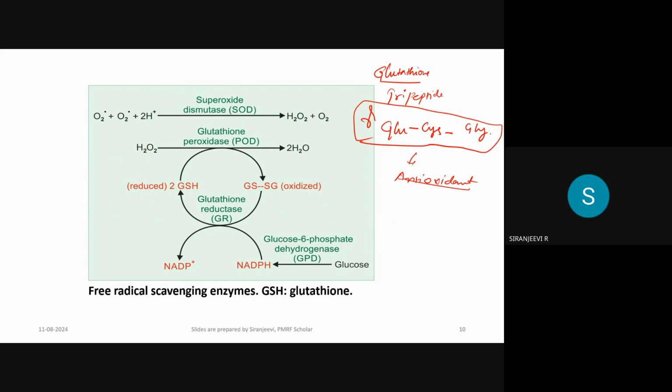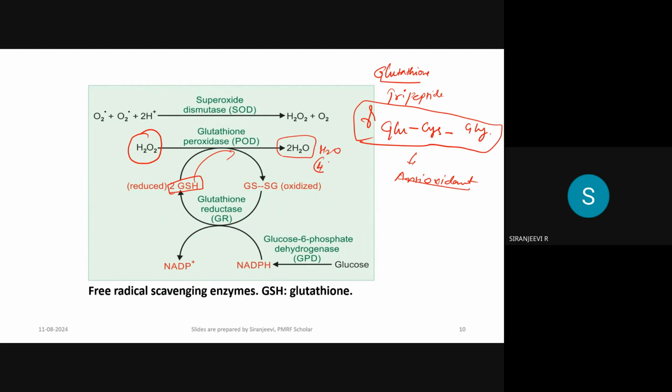Whenever H2O2 is produced when it is not needed, this glutathione, 2GSH, two molecules of glutathione, will give the hydrogens to the H2O2, and finally it forms the water molecule.